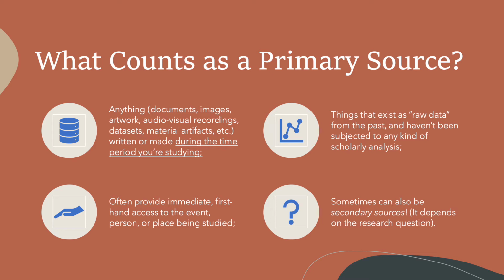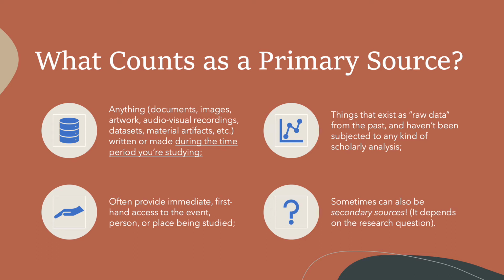This is the kind of unfiltered, unvarnished raw material that we use to construct our accounts of the past. So primary sources are things that haven't been analyzed, that haven't been interpreted or put into some kind of historical narrative by a scholar.